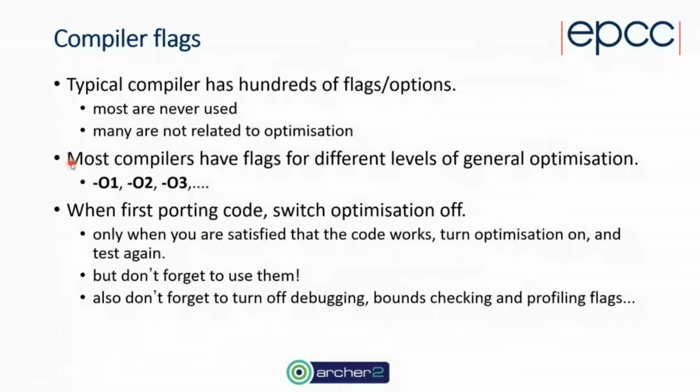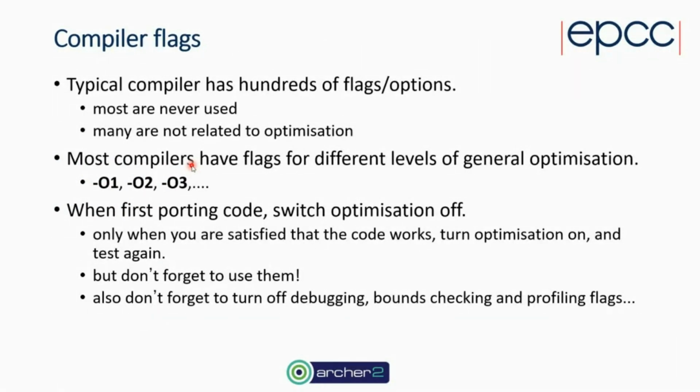None of these are specific optimizations; they turn on a group of optimizations. O0 is not doing any optimizations, O1 turns on some, O2 turns on some more, and O3 turns on even more, and potentially changes the order of the optimizations.